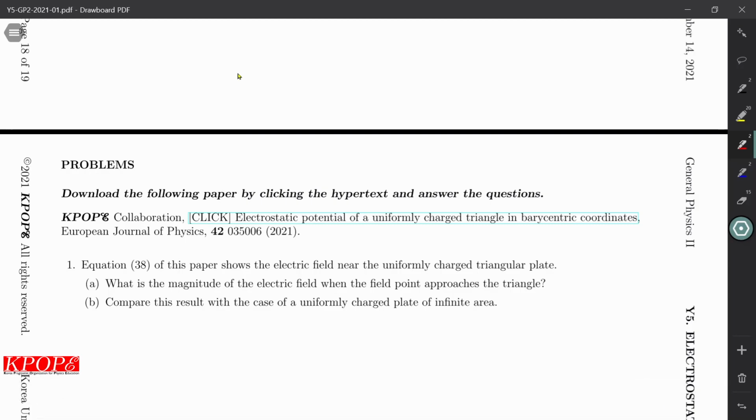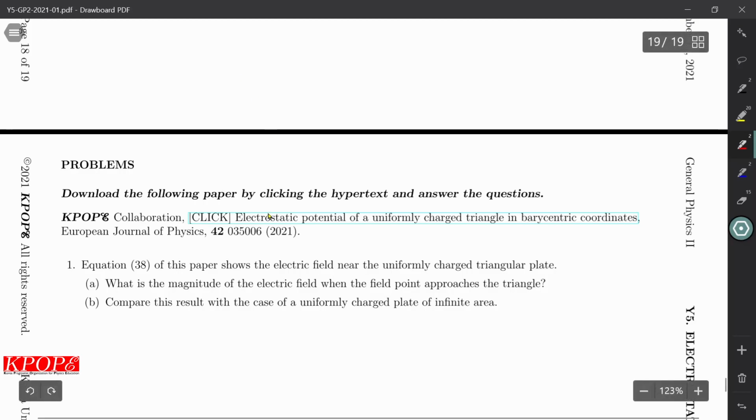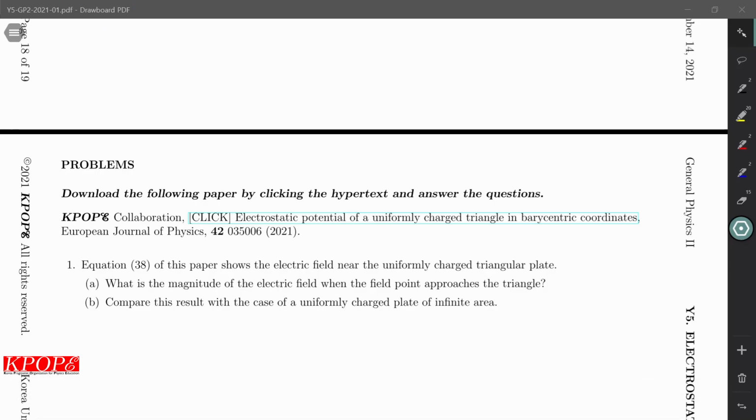Download the following paper by clicking the hypertext and answer the questions. You find the link and download the paper, and this paper computes the electrostatic potential and electric field due to a uniform charge distribution over a triangle.